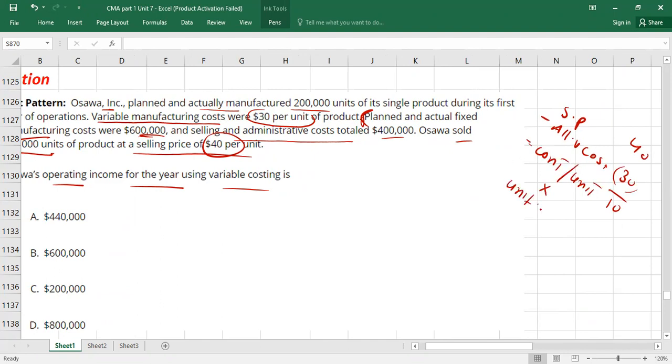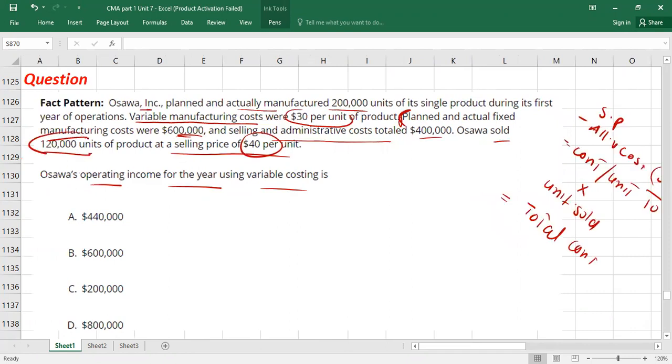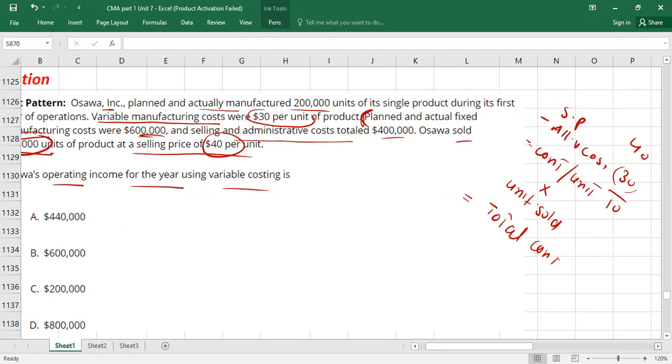This will give me total contribution. Agreed or not? Number of units sold are how much? 120,000. If I multiply with the 10, I will get total contribution. Can you help me? 1.2 million. So this is your contribution.